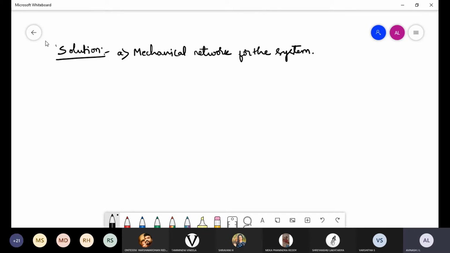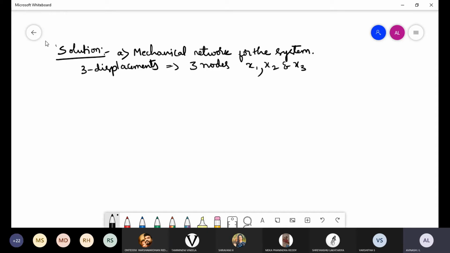Now in this particular numerical, we can see that there are 3 nodes. How many displacements are there? 3 displacements. So it leads to 3 nodes. What are the nodes? It is x1, x2 and x3.